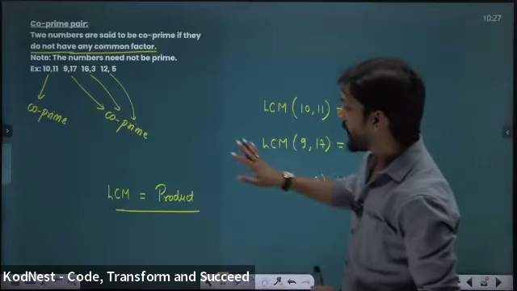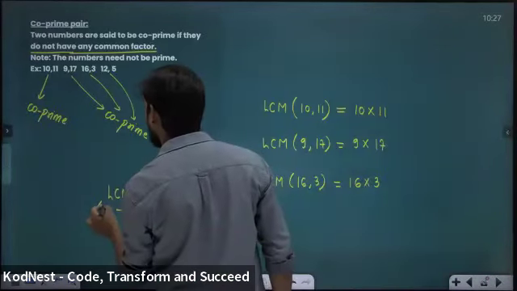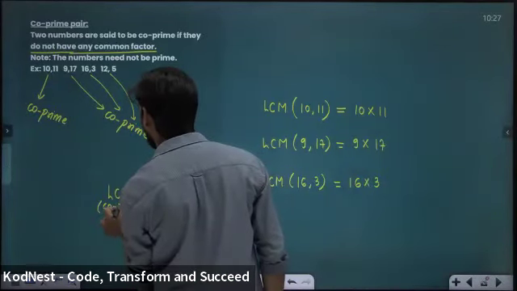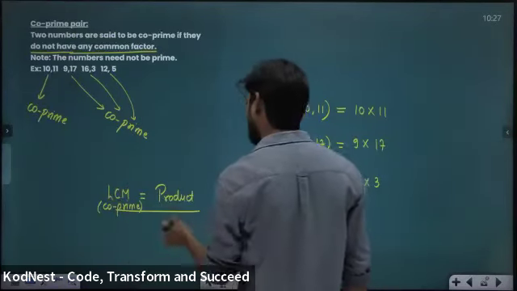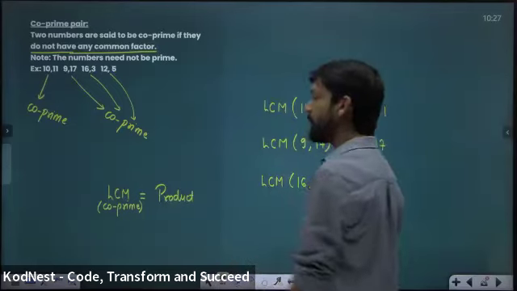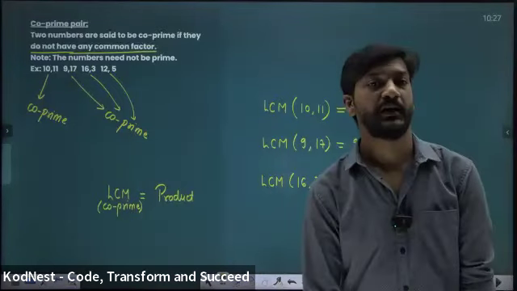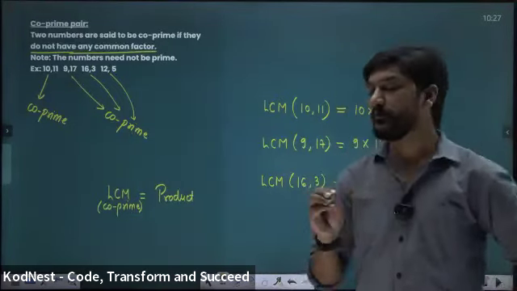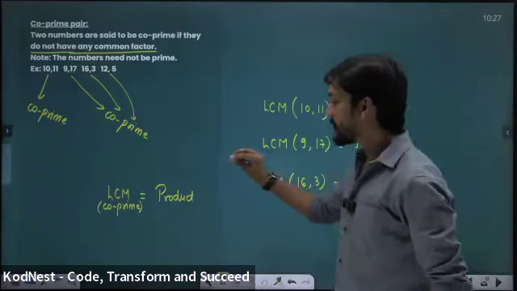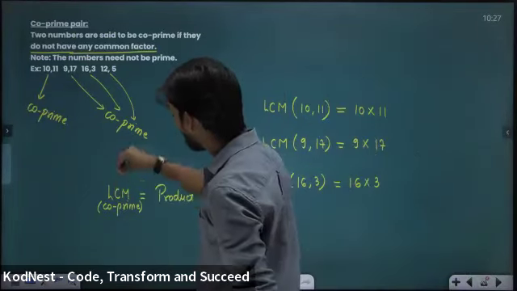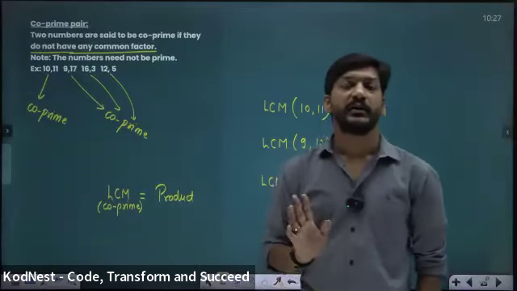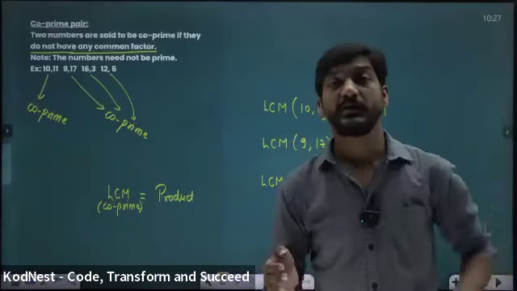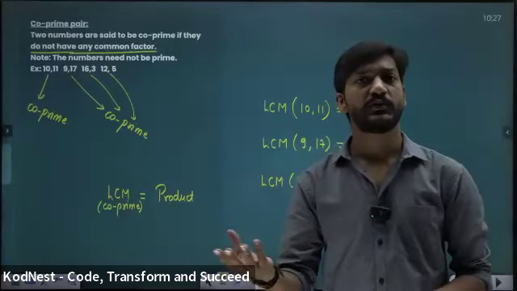So LCM for coprime is equal to product. When you see numbers where nothing is common, just take the product, you will get your LCM. So LCM is product, product is LCM. Okay, for other cases, where something is common, we will take it outside.